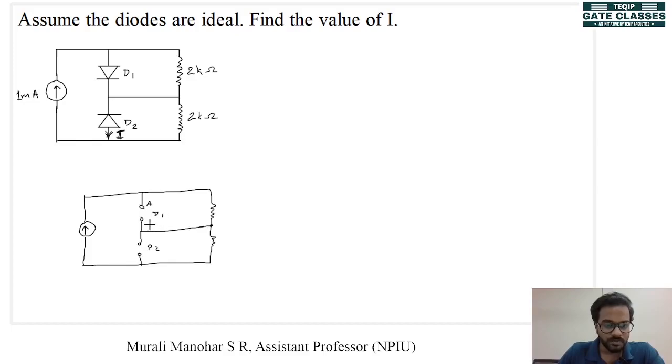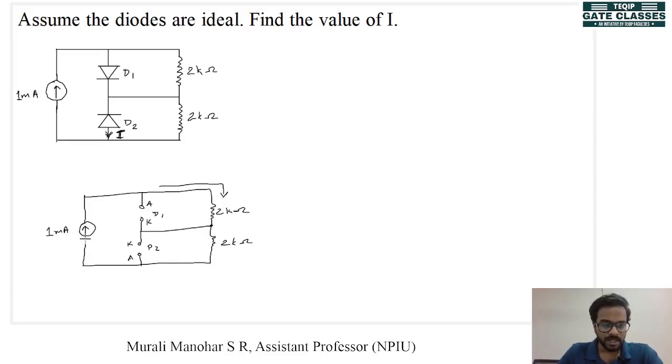This is the anode of D1, this is the cathode of D1, this is the anode of D2, and this is the cathode of D2. There is 1 milliampere current flowing through this. Now, we know that these two are open circuit, so current will flow in this direction through these two resistances. So here we have 2 kilo ohm, and here we have another 2 kilo ohm.